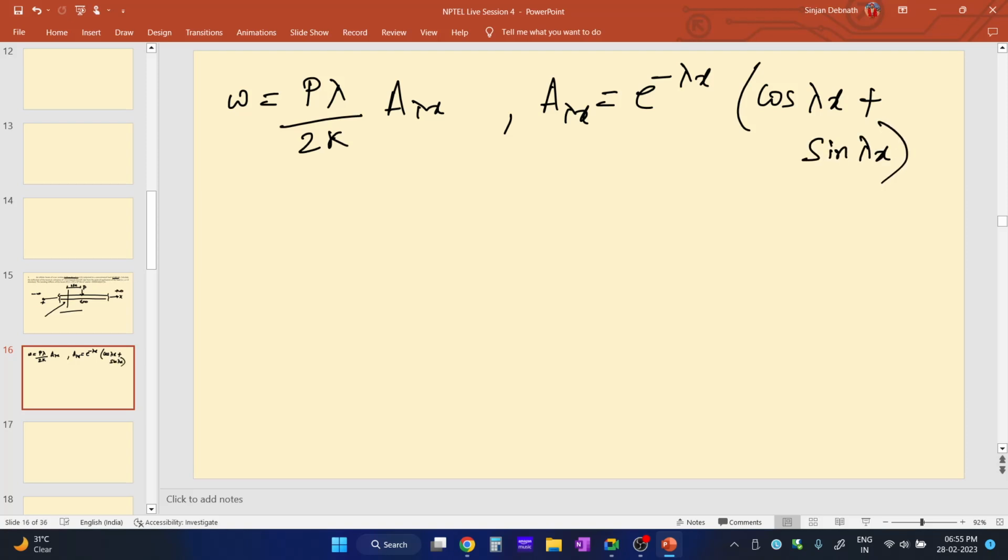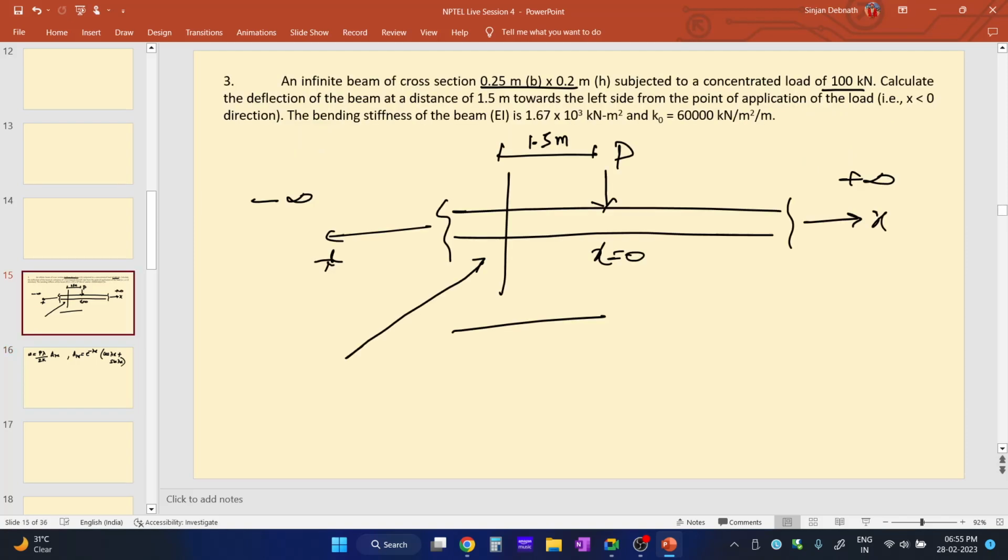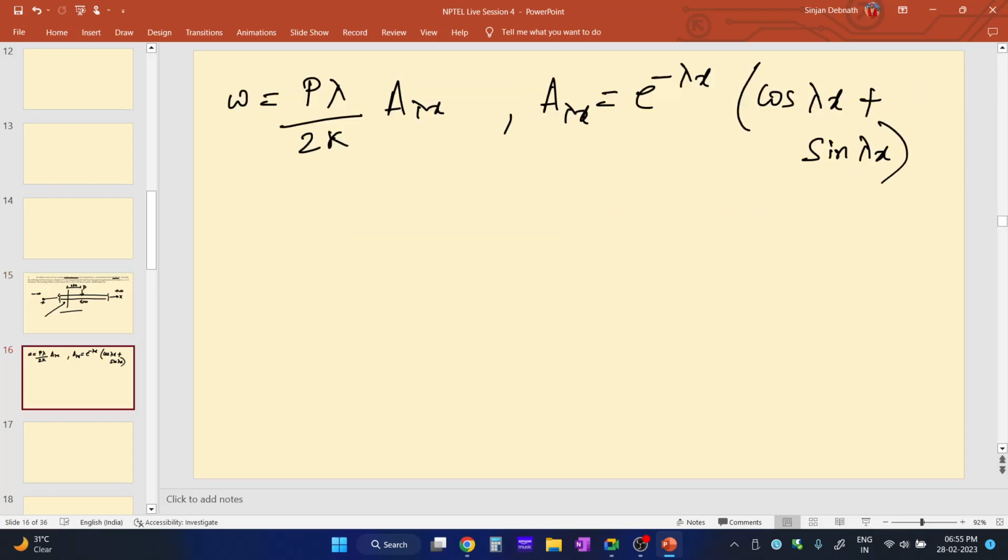We need to find out the deflection at the point which is 1.5 meter towards the left side of the point of application of load. So what is x actually in this equation? The x is the point where we are intending to find out the deflection.